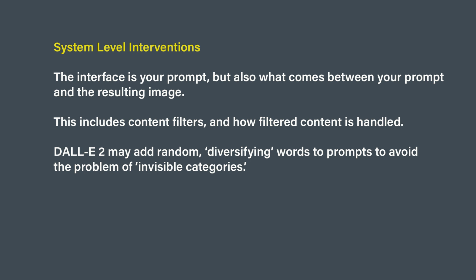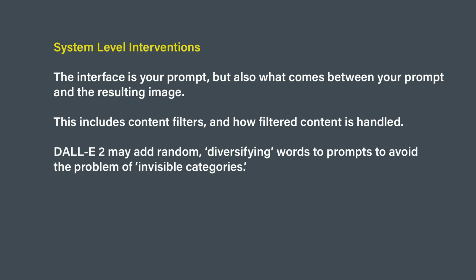In the case of OpenAI's DALL-E 2, there's also research that suggests that they insert random diversifying words into your prompt without you knowing it. And that way, these invisible categories that we talked about in the data set are challenged on the back end.